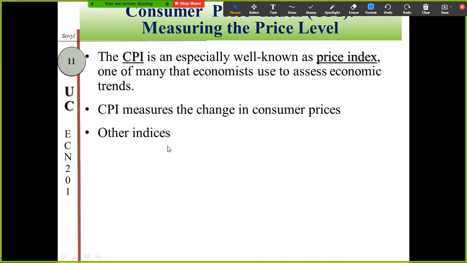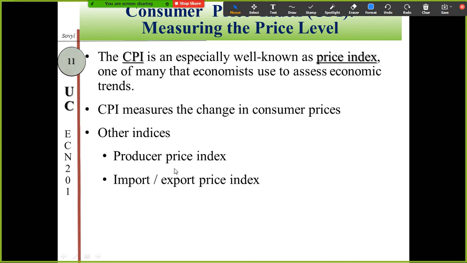Other indexes are the producer price index, which captures things like capital good or intermediate prices, and the import-export price index, which captures commodities, goods, or products that cross the country's borders.